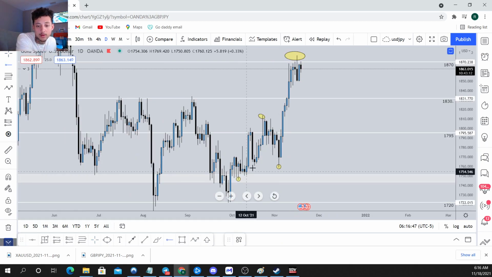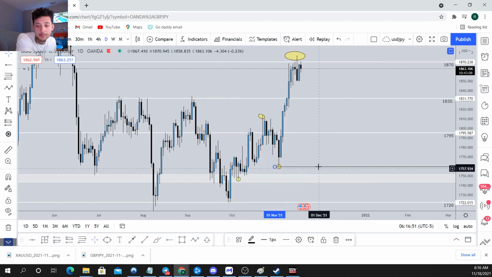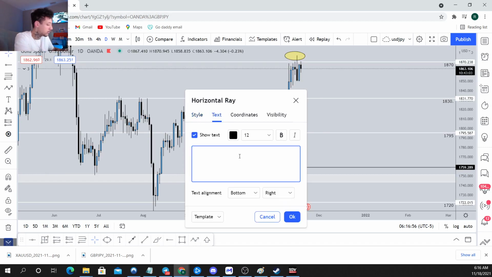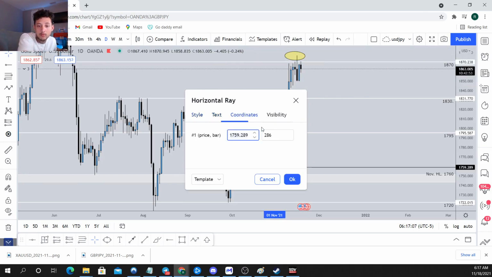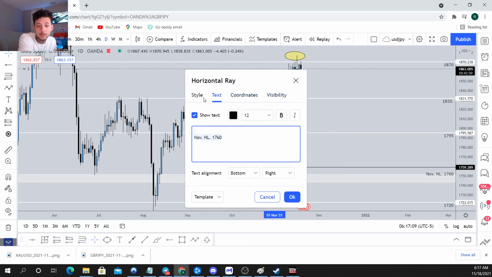What we're going to do here is mark off November's low, so November made a higher low at 1760. Let's leave it at that. And we're going to lock this.